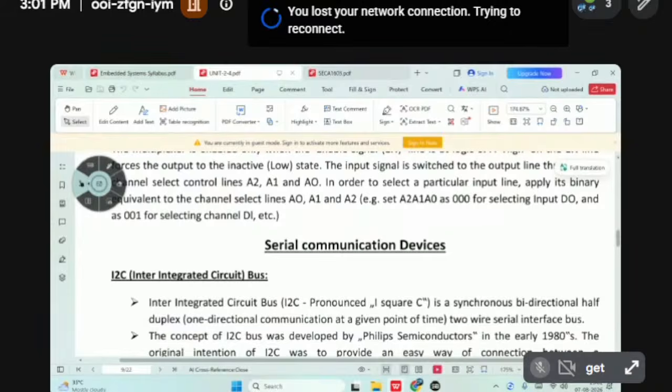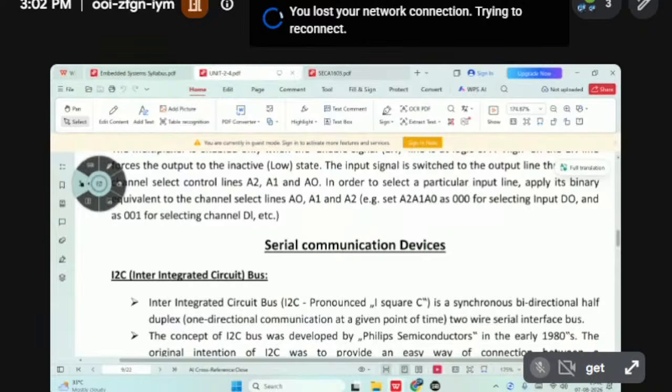The basic element of memory is the flip flop. With the help of flip flops I can have registers, and with the help of registers, I can have ICs, integrated circuits, right?